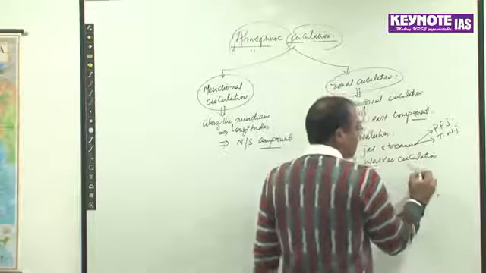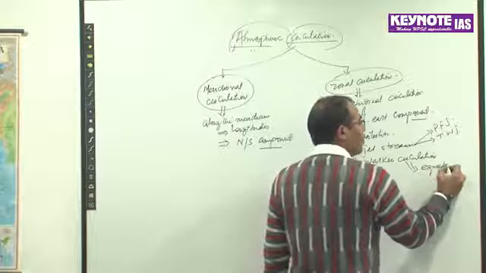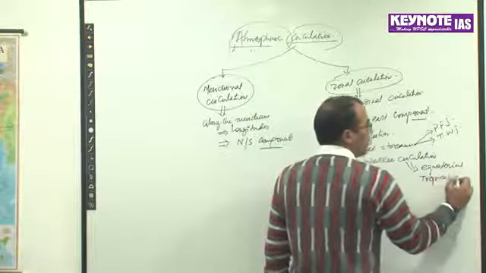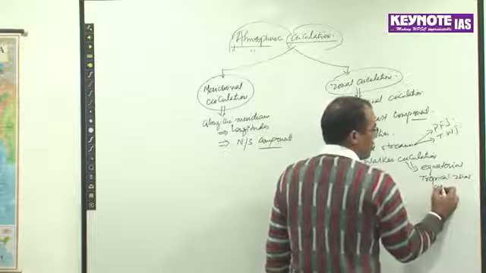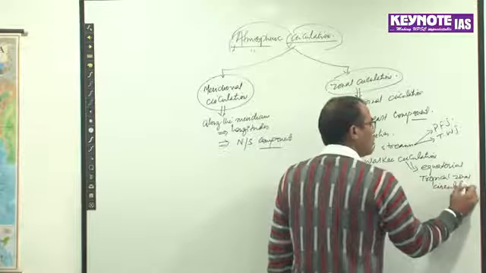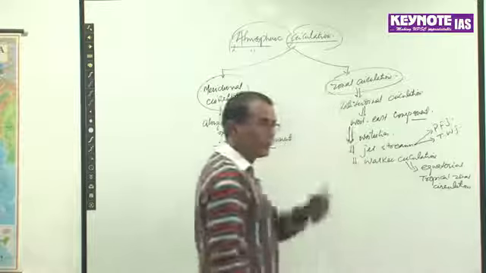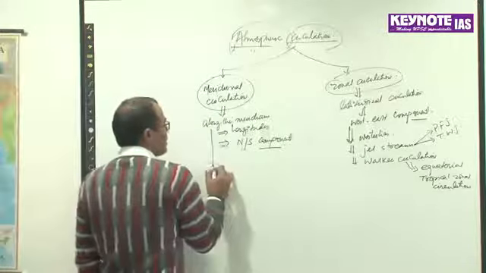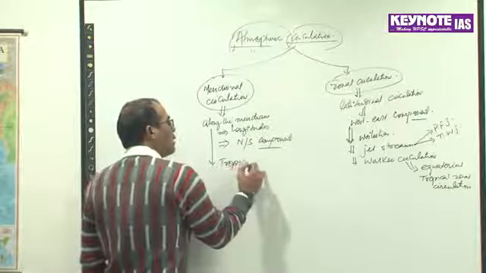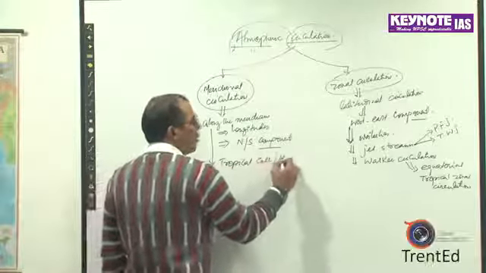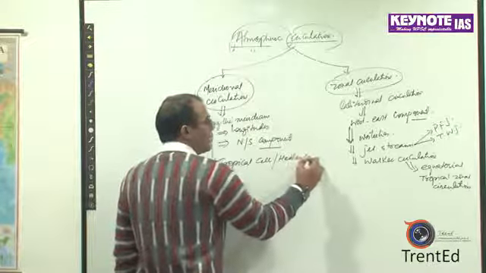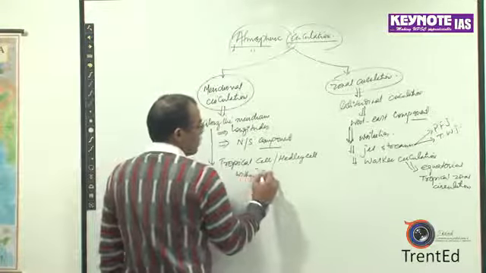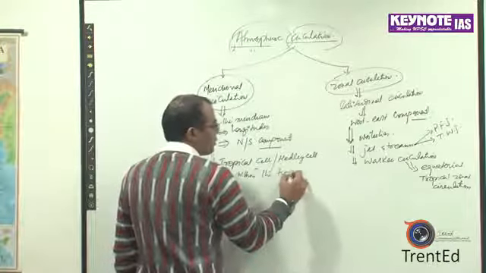The Walker circulation is basically equatorial or tropical zonal circulation. Meridional circulation is basically the tropical cell or Hadley cell within the tropics.